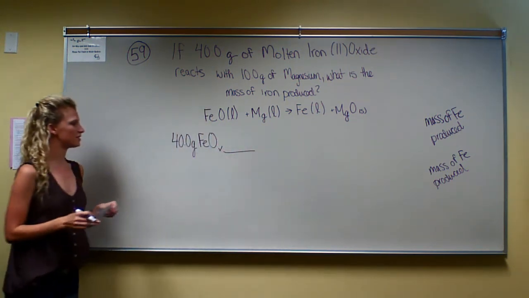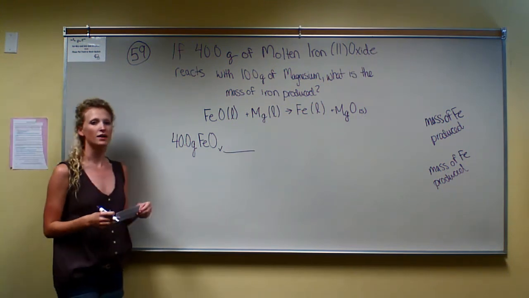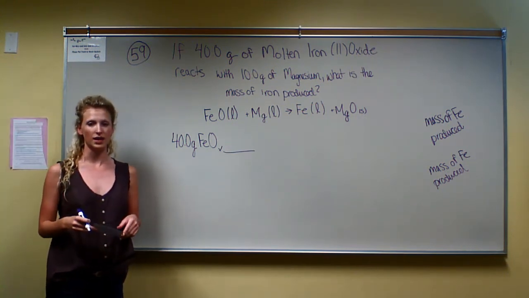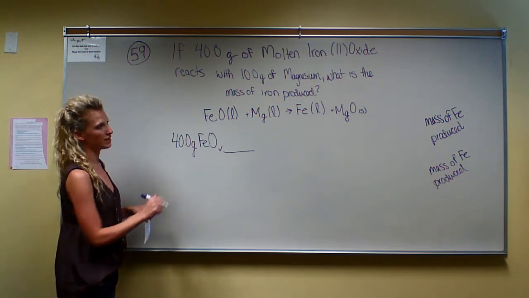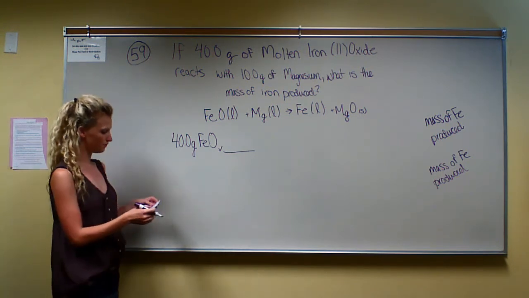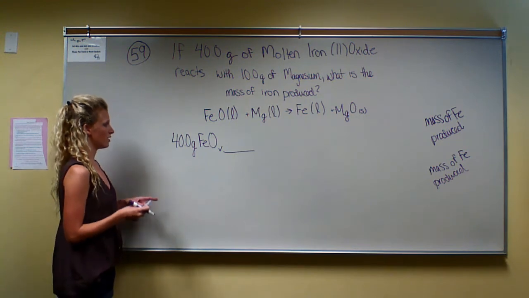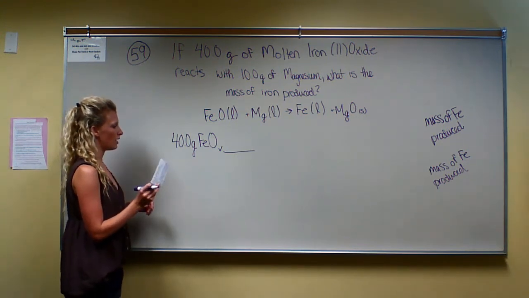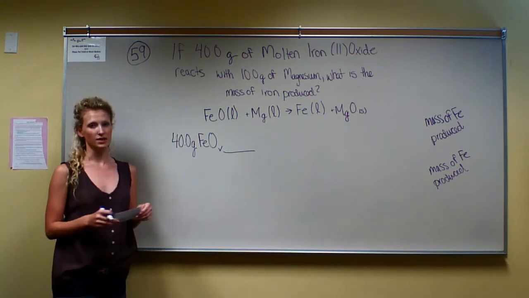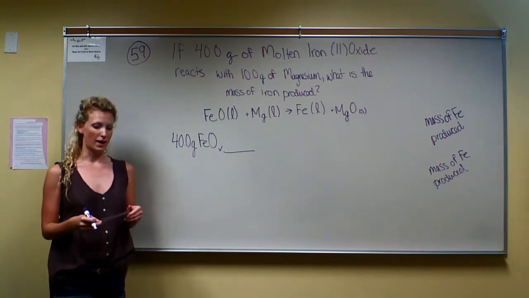The first step is to convert the 40 grams of iron oxide into moles of iron oxide. This is simply a bridge to ultimately get to the mass of iron produced. We're going to convert 40 grams of iron oxide into 1 mole of iron oxide with the molar mass.